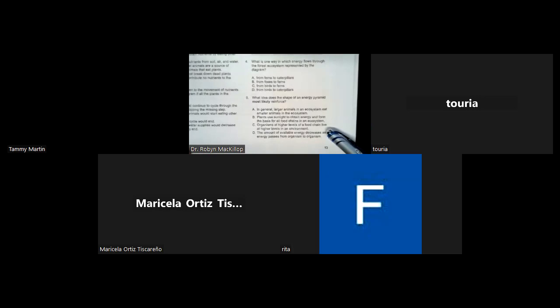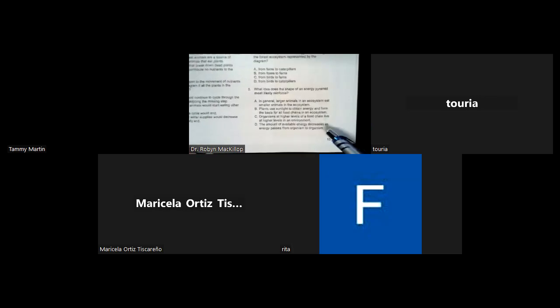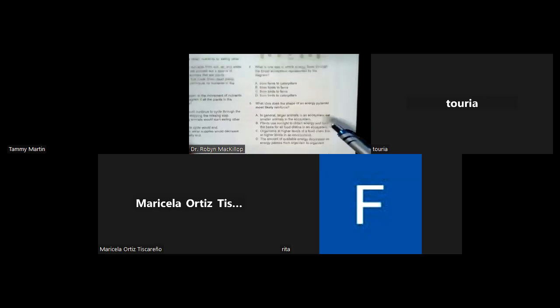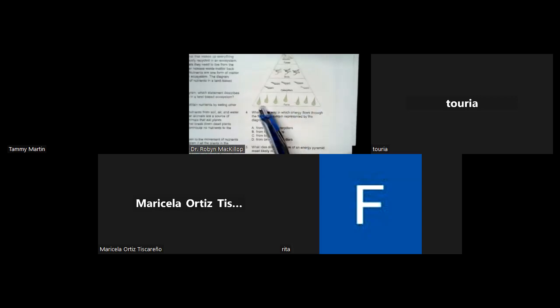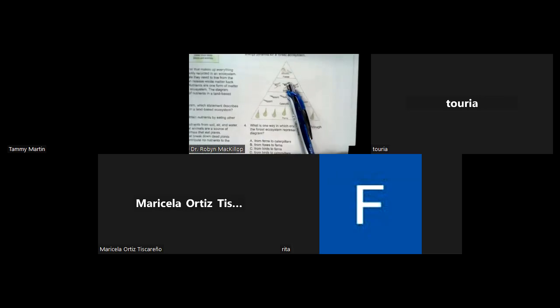Organisms at higher levels of a food chain live at higher levels in the environment. Maybe, right? Not all. And then the amount of energy available decreases as energy passes from organism to organism. So that means there's a lot more energy here, but it decreases as it goes up.